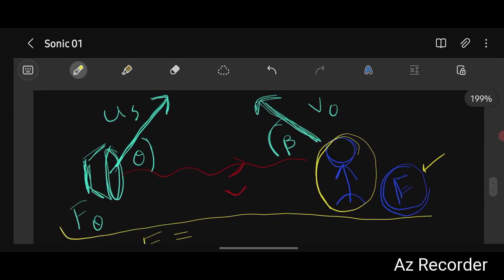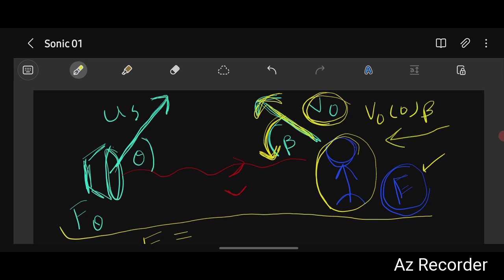If we resolve this angle, we take this velocity towards this direction, so we have v naught cos beta horizontally towards the source direction.